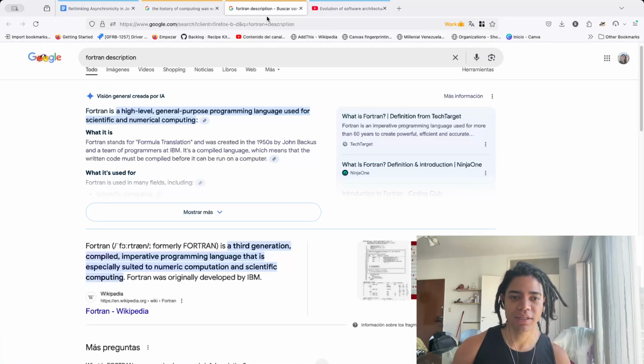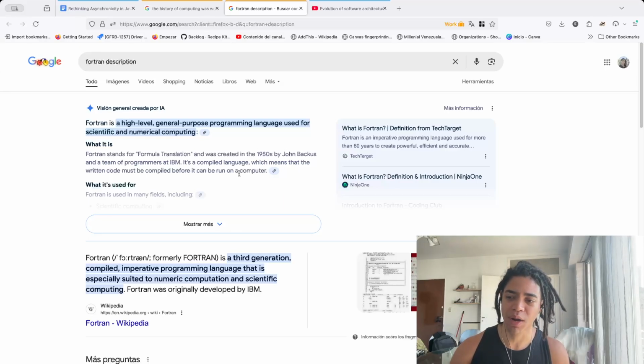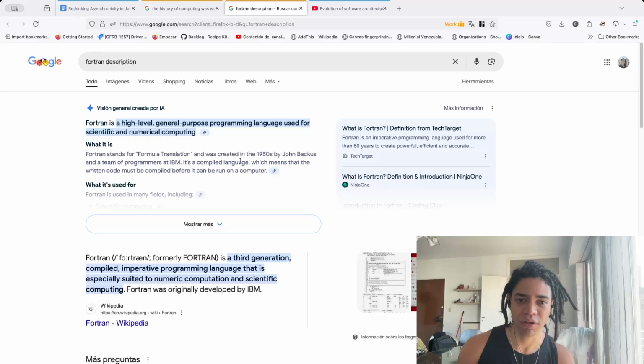So that's quite interesting, and I am not here to dismiss them, because a lot of people, when they hear about Fortran and COBOL, it's like, hey, I don't want to write in this programming language because it is old and there is no market share for it.